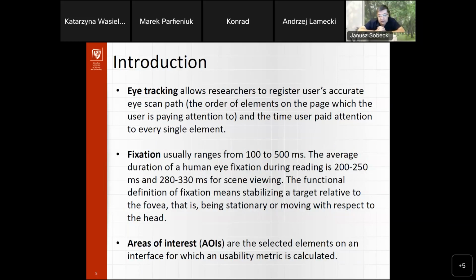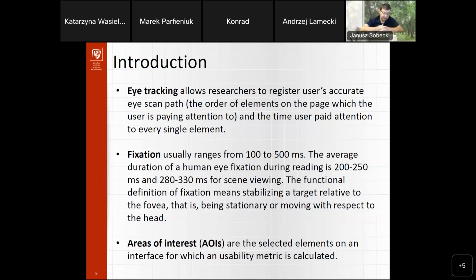However, for more than 20 years, we are using the same technology, but with increasing quality. Eye tracking allows researchers to register the user's accurate eye scan path over the elements of the page, and the time the user is paying attention to every single element.